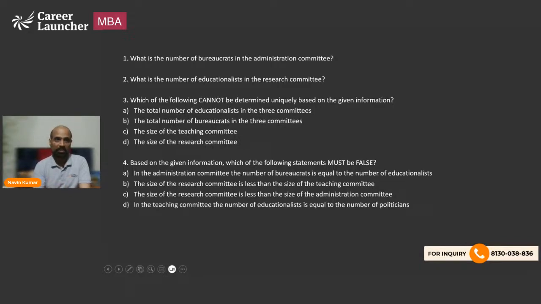Definite. Which of the following cannot be determined uniquely based on the given information? So maybe 1 or 2 or 3 or 4 cells may not be completely filled. Based on the given information, which of the following statements must be false? So again, some of the information will be concrete, some will be dependent. So there might be cases.